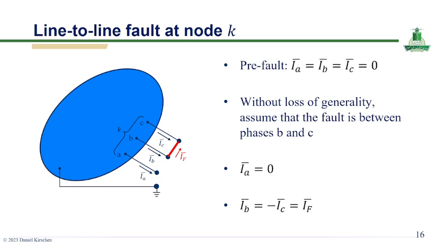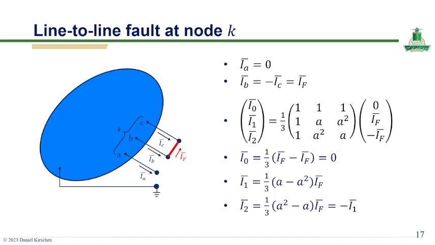This reflects the fact that the fault current flows from one phase into the other without involving ground. This type of fault does not produce zero sequence components as there is no return path through ground and is therefore primarily analyzed using positive and negative sequence networks.